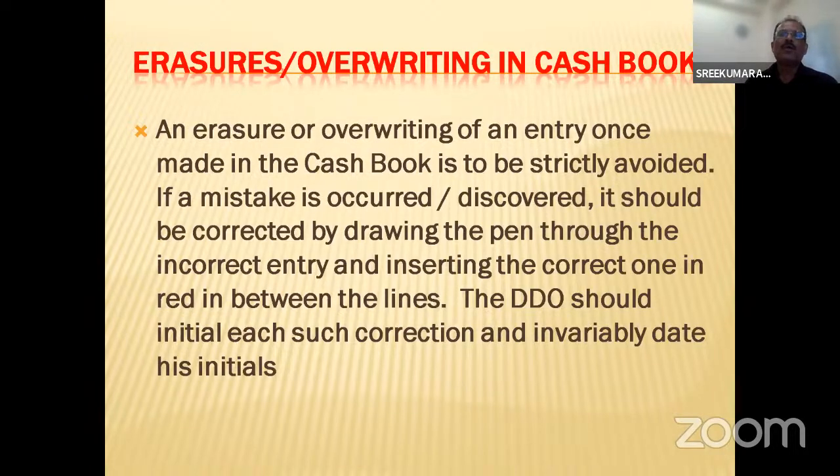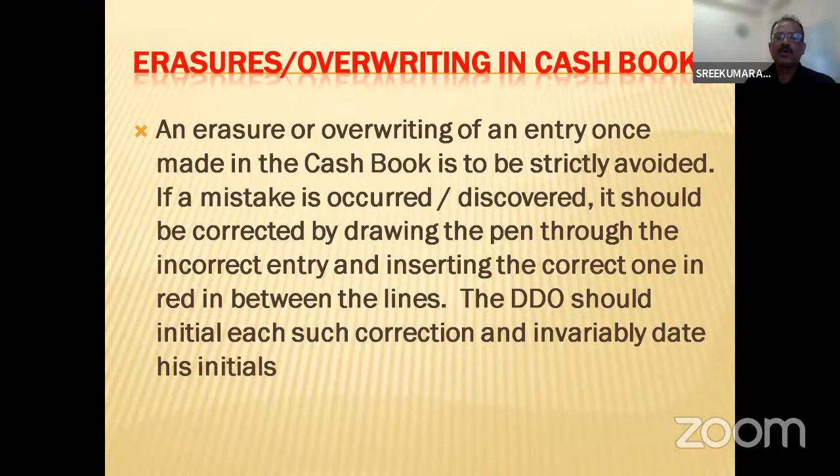An erasure or overwriting of an entry once made in the cash book is to be strictly avoided, because what we are writing is figures. We cannot overwrite it, because tomorrow somebody else also can do it. We cannot put white ink or something else so that you can overwrite it again. That can be repeated. In order to avoid that, what should be done?